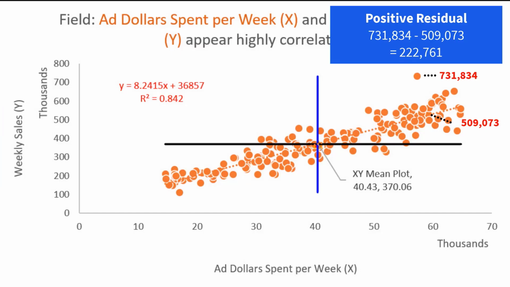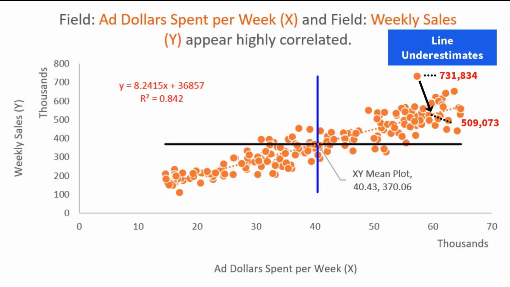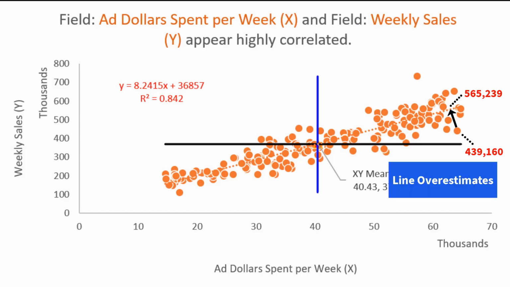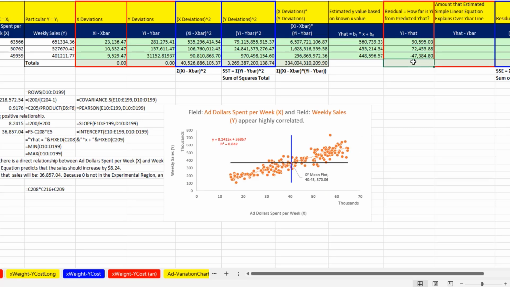When you have a positive residual, that means the y value is above the line, so the line underestimates. When you have a negative residual, that means the particular y value is below the line, so the line overestimates. Now, of course, when we add all these up, Alt equals, we're going to get 0.